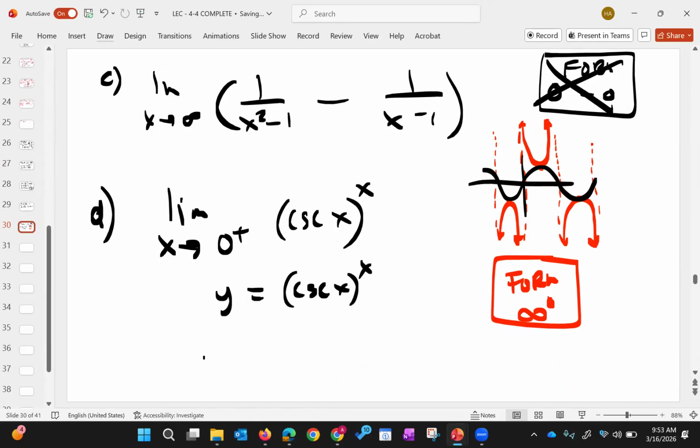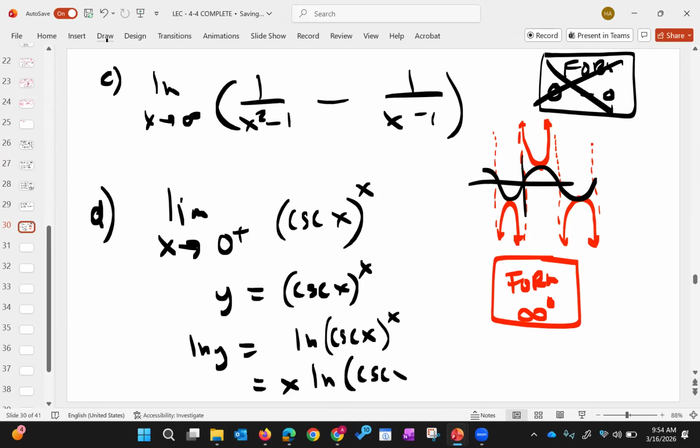Therefore ln of y will equal ln of all this good stuff here. A log function and a trig function and a power function, that's crazy. But what happens here is this x gets to go out in front. Because of the rules for logs, we have now got rid of the exponent problem.